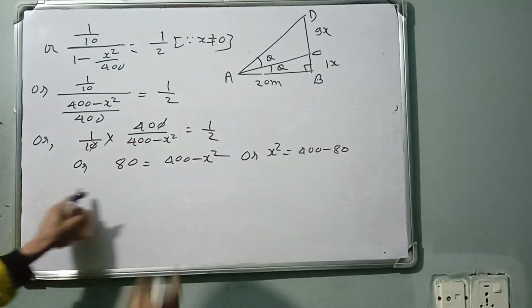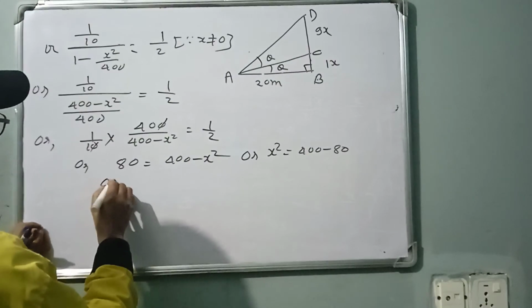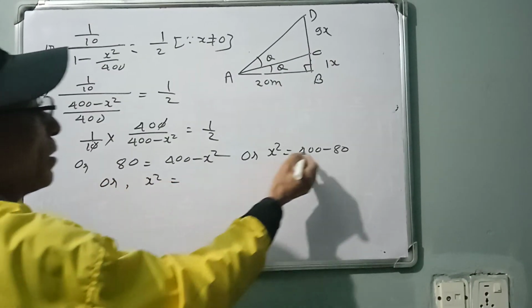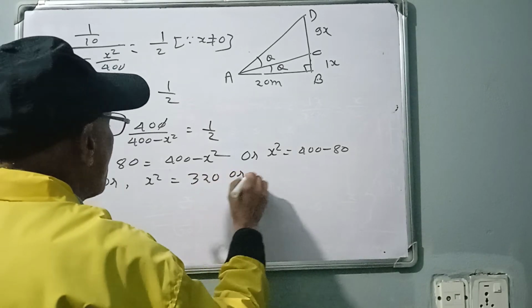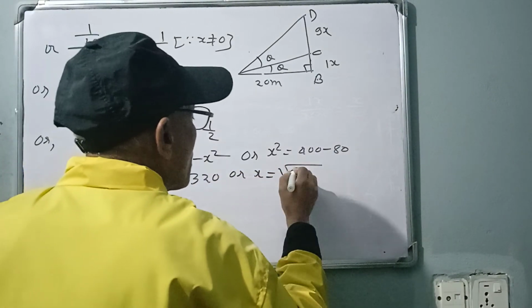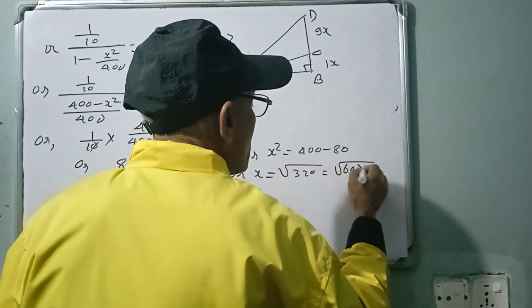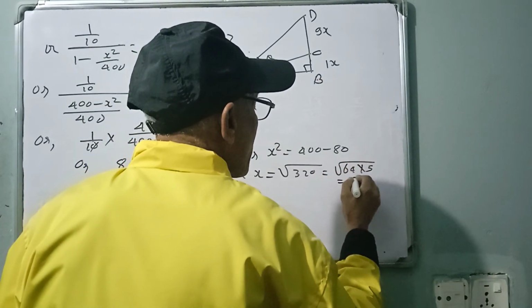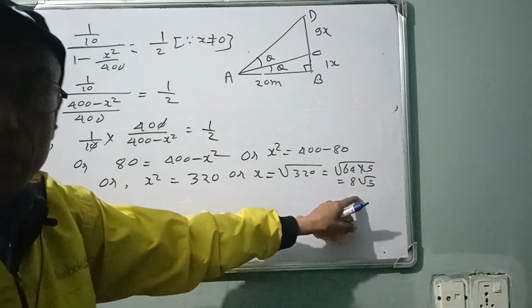Collecting like terms, x on the left side, number on the right side: x square equal 400 minus 80, 320. So x equal under root 320, which you can write as 64 into 5, or 8 root 5. What is the value of x? 8 root 5.